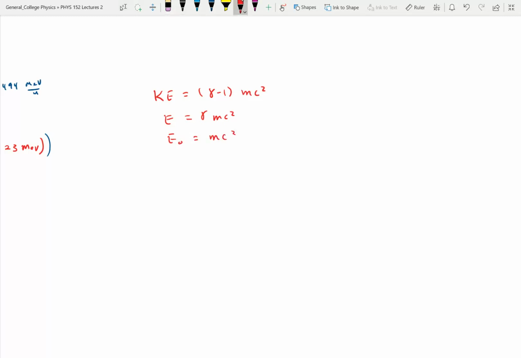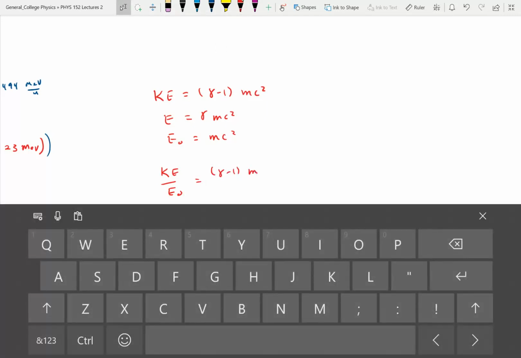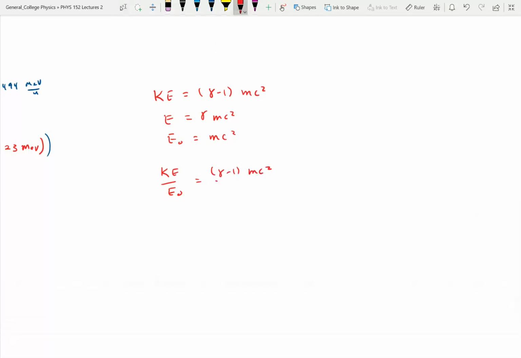So I can calculate gamma by taking kinetic energy over rest energy, which is gamma minus 1 mc squared divided by mc squared. The mc squareds cancel, equal to gamma minus 1. So gamma is equal to 1 plus kinetic energy over the rest energy.